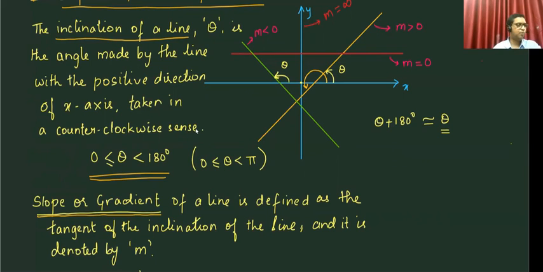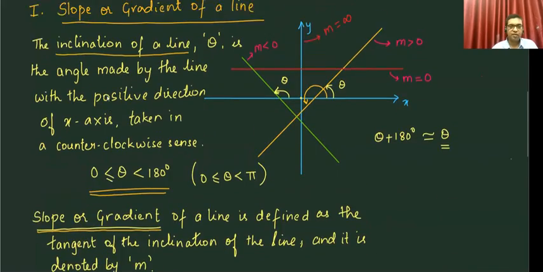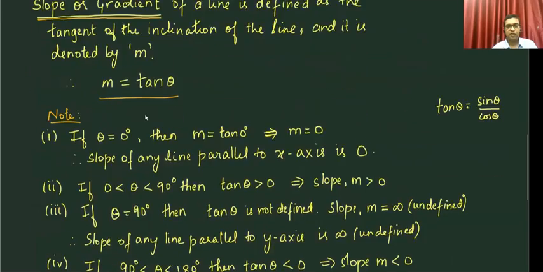Now, slope of a line joining 2 points. We are talking about gradient.